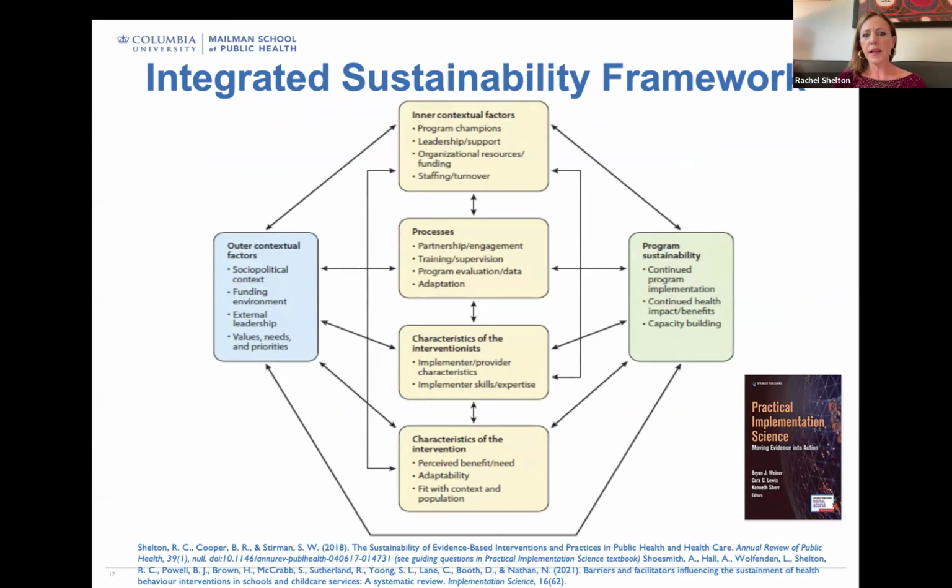We came up with this integrated sustainability framework that we published. It would not be every factor that matters, nor really prescriptive for your program, but it might be a starting place to do some formative work, to ask some questions, and to tailor it for your own setting.